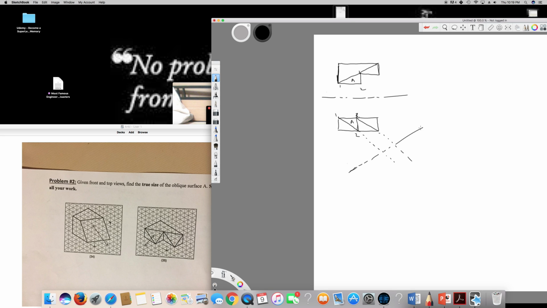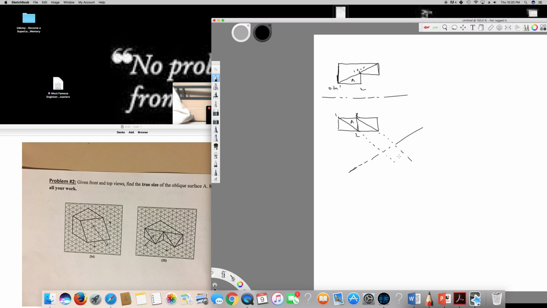To draw the edge view, we have to measure two things, because remember guys, the edge view is just a line. It's not 2D, it's not 3D, so you shouldn't be confused about that. It's just a line. Let's say this distance is 0.7 millimeter and this is 1.5 centimeter.